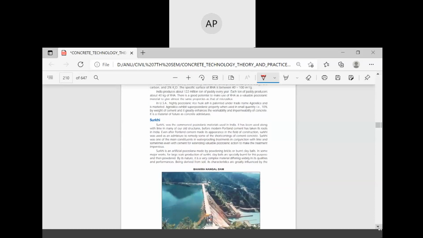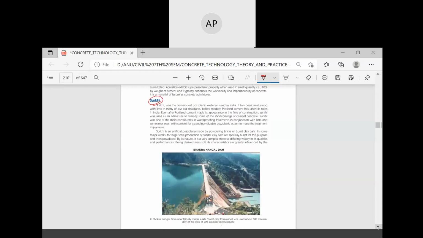What is surki? Surki is another material we can use as pozzolanic material. Surki is an artificial pozzolana made by powdering bricks and burnt clay balls. Surki is nothing but powdered burnt brick.